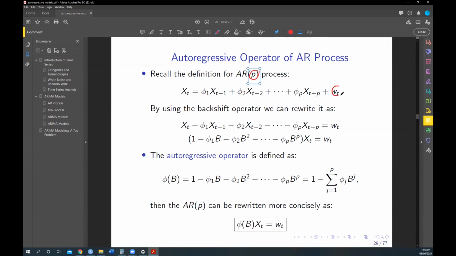And of course, we always need to add an error term, which is W sub T. Now, if we use a backshift operator, you can just rewrite this as 1 minus phi 1 B, minus phi 2 B squared, dot dot dot, minus phi p B to the p, times X sub T equals W sub T. And the autoregressive operator is defined as this.